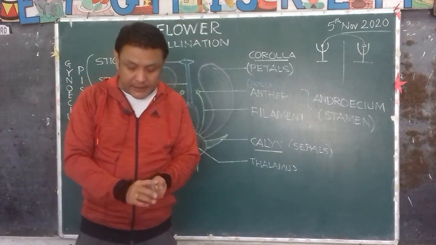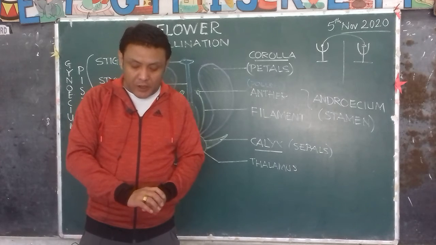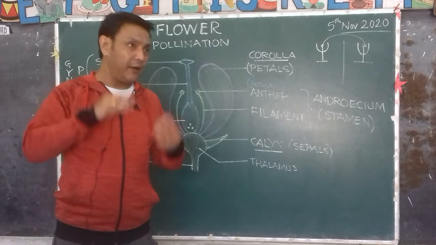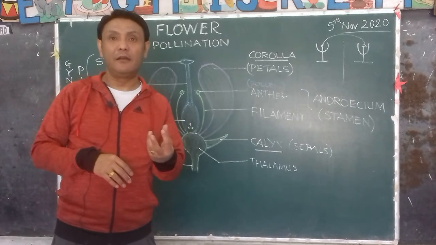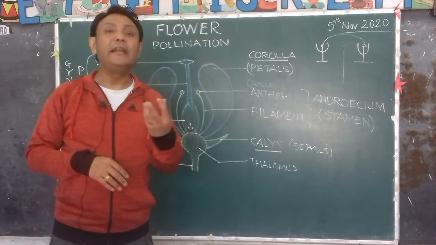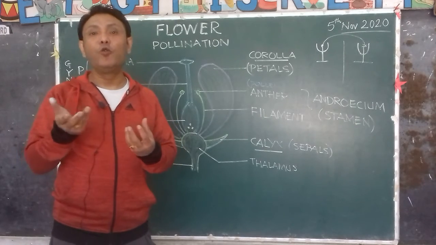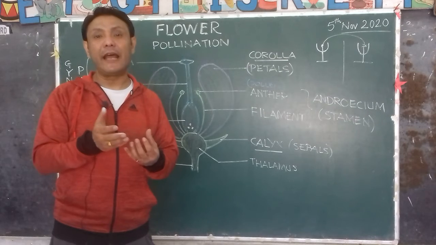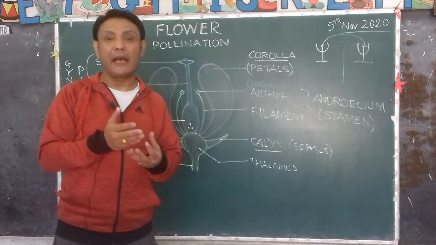And the last one is, the flower is usually not attractive. Those flowers which self-pollinate need not be brightly colored because they need not attract external agents like insects, birds and animals.